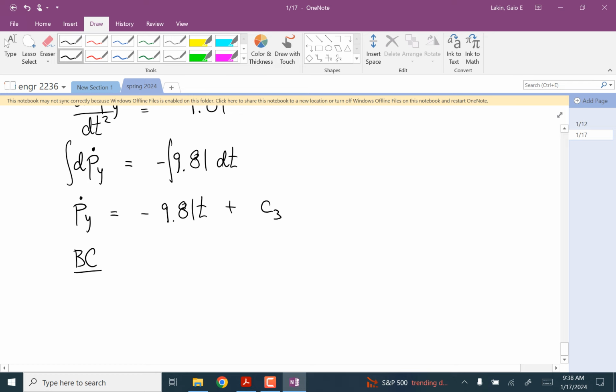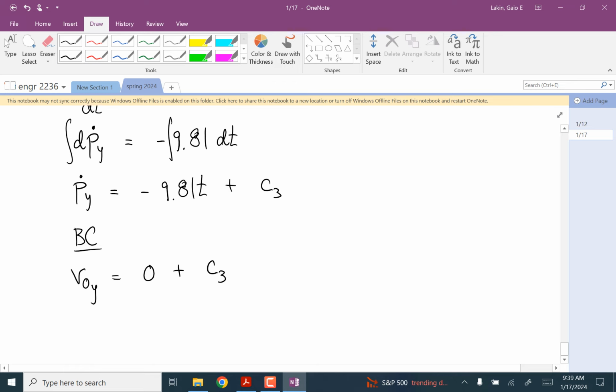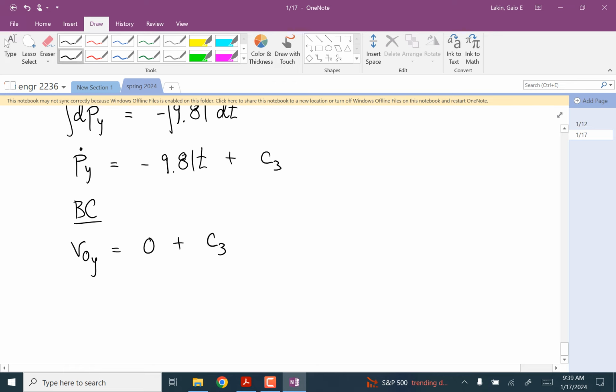The boundary condition says V0y is equal to 0 plus C3. So our function py dot, which is the same thing as the y component of the velocity, is equal to negative 9.81 t plus V0y.